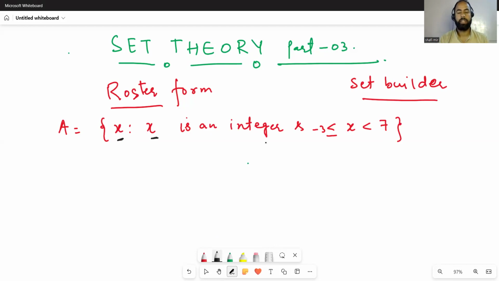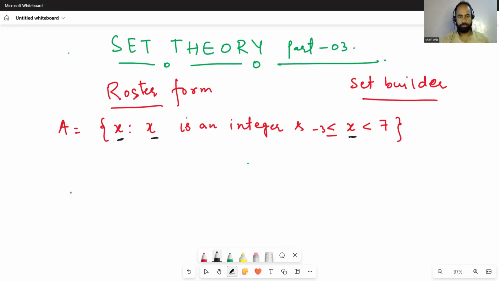This X is an integer and X is from -3 to 7, but -3 is included. Got it? So this set is represented in set builder form or in rule method form. You can see I am not mentioning the elements. I'm just writing the rule. That's why it's called set builder form.